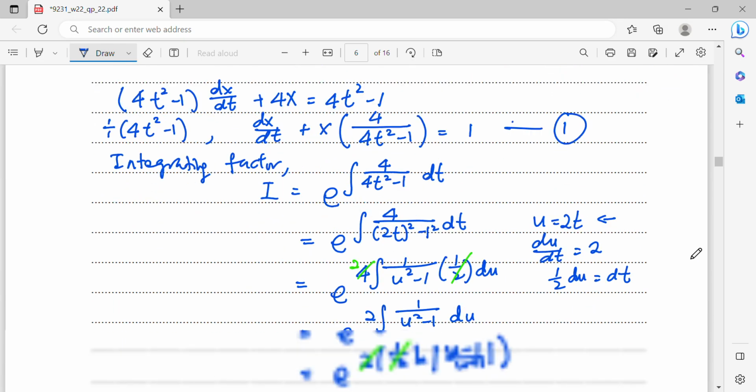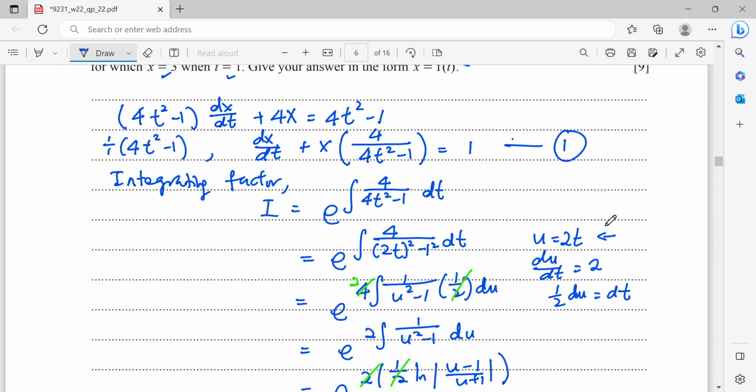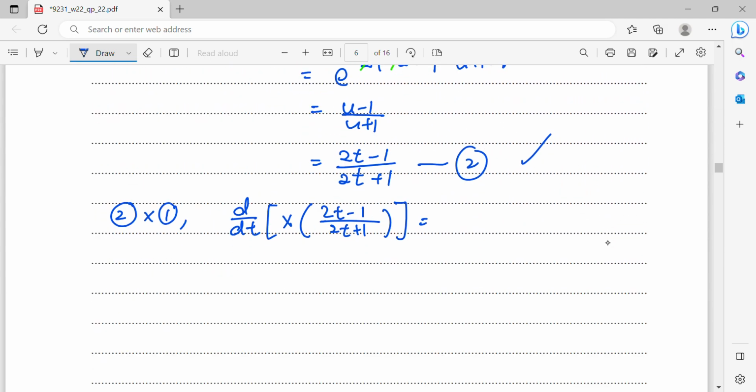you can express it in just the default form, which is d over dt of x times the I. Okay, if you are sure that the I is correct. Now for the right-hand side, there's a 1 here, so 1 multiplied by I will be the I itself. That means my right-hand side is 2t minus 1 over 2t plus 1.